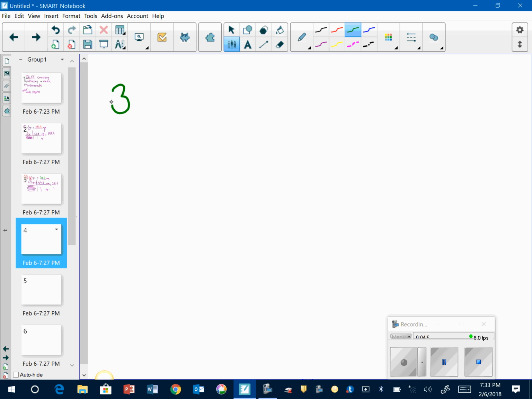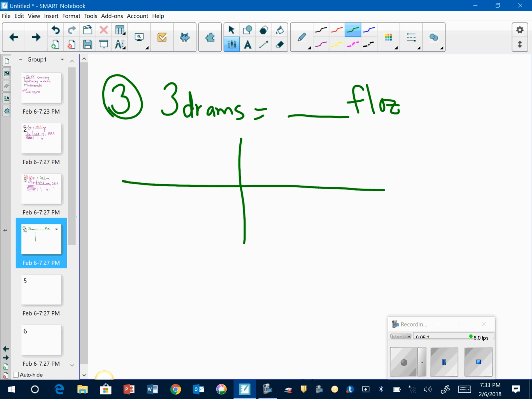Okay, number 3. They're asking 3 drams is going to be equivalent to what in fluid ounces? So we come down here, bring our chart down. 3 drams.